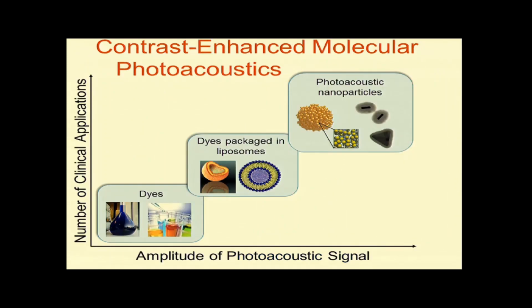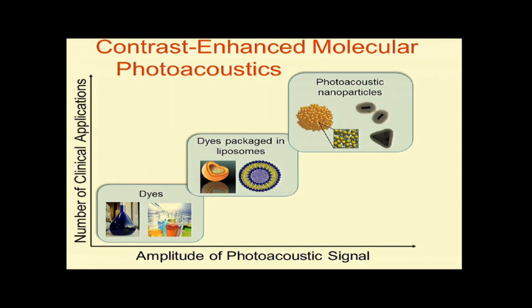Right. Now, I want to discuss what's better, dyes or plasmonic or photoacoustic nanoparticles. And the answer is not simple. Don't take me wrong, one is not better than the other. I think they will play nearly similar roles. If I look at the amplitude of the photoacoustic signal versus the number of possible clinical applications, I think the intuition is very simple.